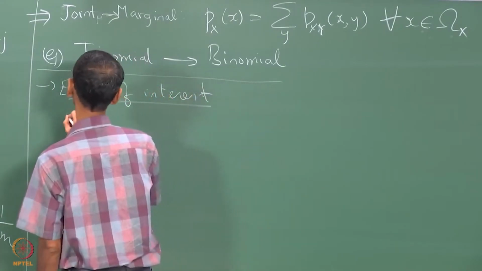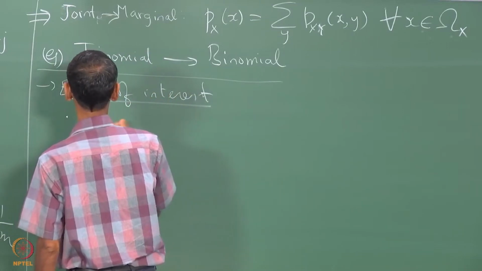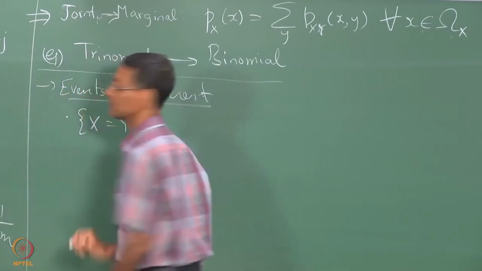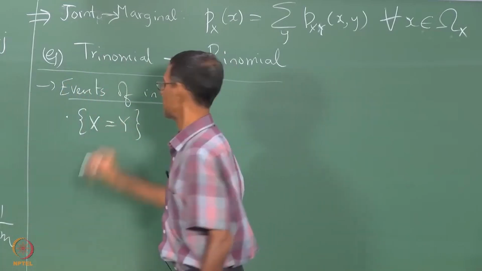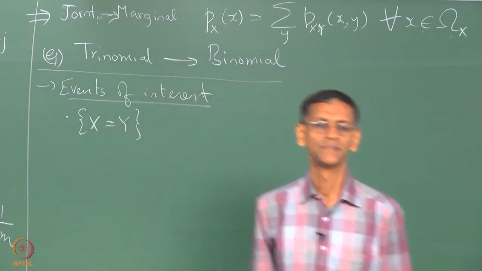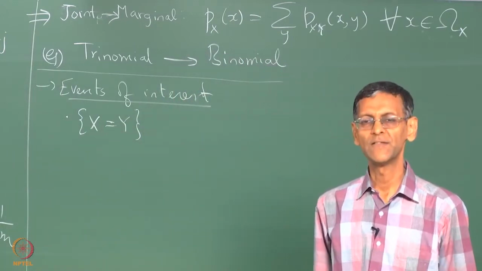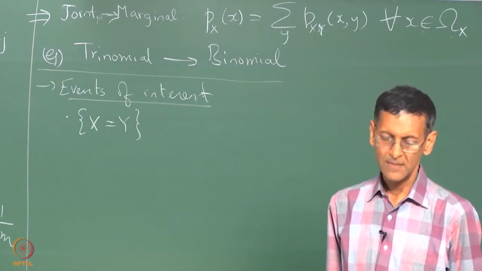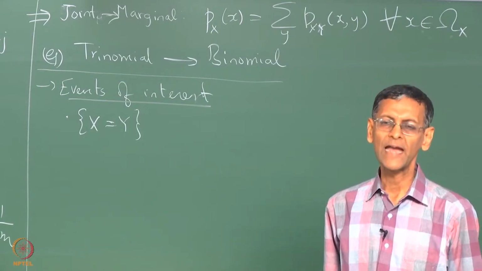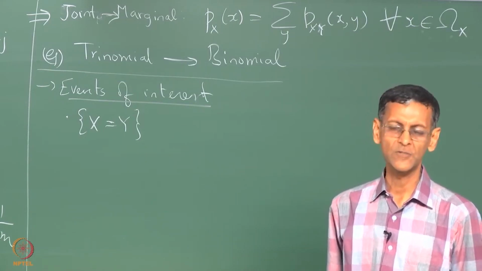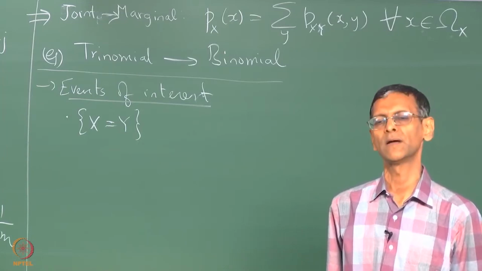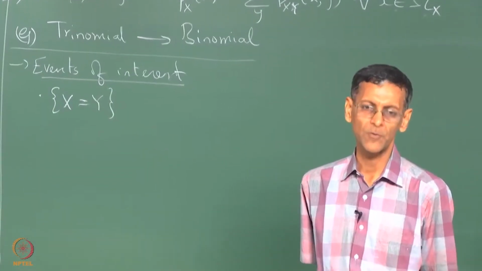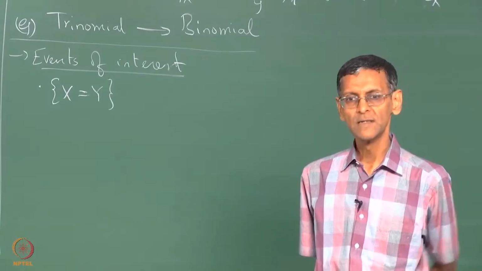For example, you have the event x equal to y. What is the meaning of x equals y? Why do we call that an event? It is just like we called x equal to k an event in the single random variable case; x equal to y will become an event in the two random variable or multi random variable case.